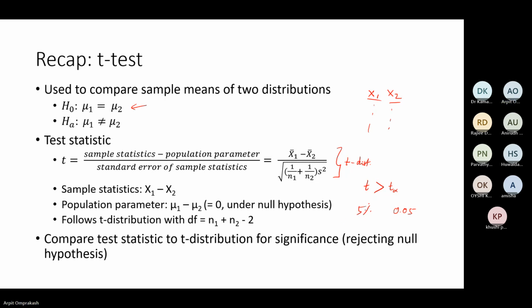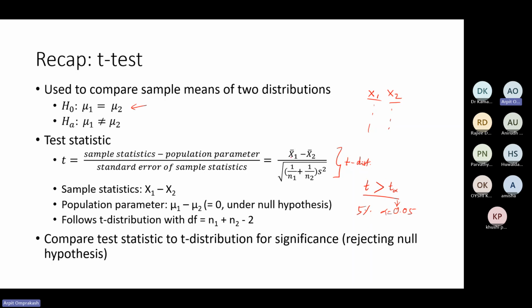Then you compare whether your t value is greater than the t value for this level of significance. If it is greater, you reject your null hypothesis. If it is lesser, you accept your null hypothesis.